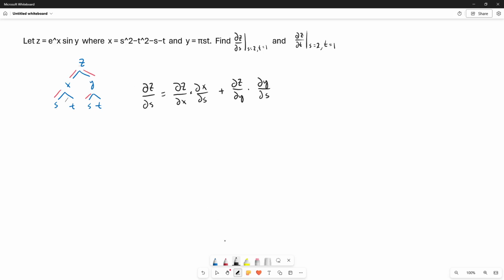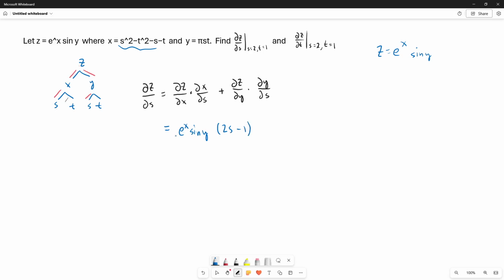So let's calculate the partial derivative of z with respect to s. We have dz dx. So z is equal to e to the x times sine of y. So the partial derivative of z with respect to x is e to the x sine y. And the partial derivative of x with respect to s, so here's x, we'll have 2s minus 0 minus 1 minus 0.